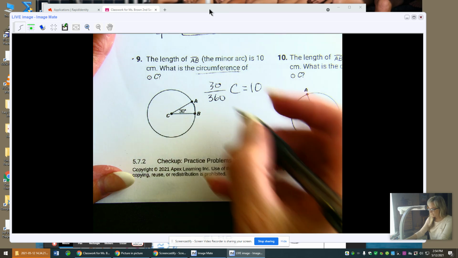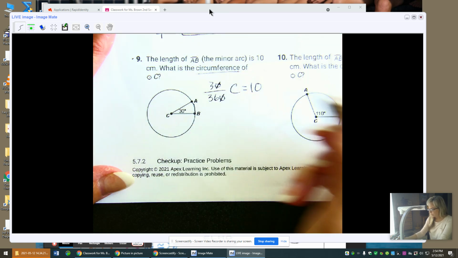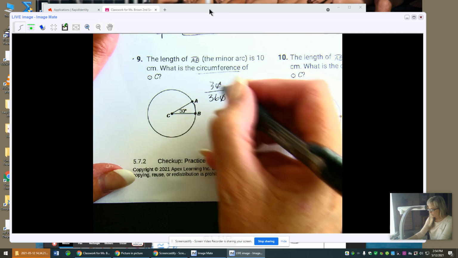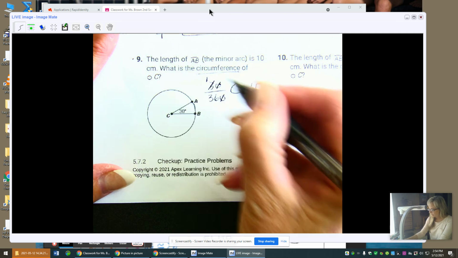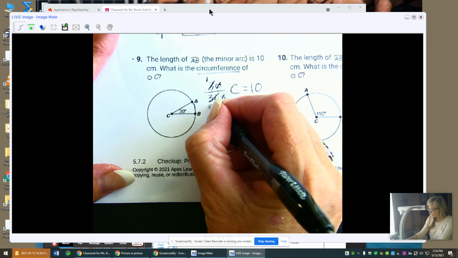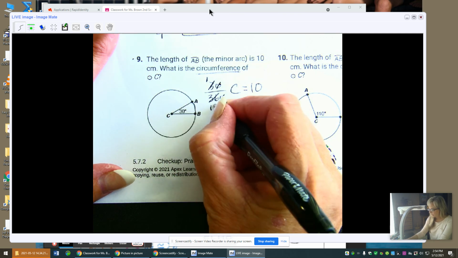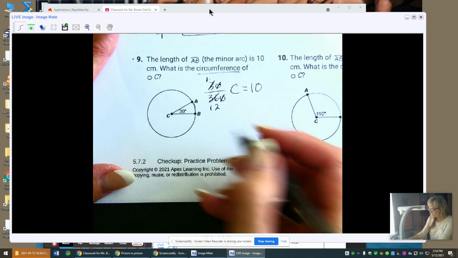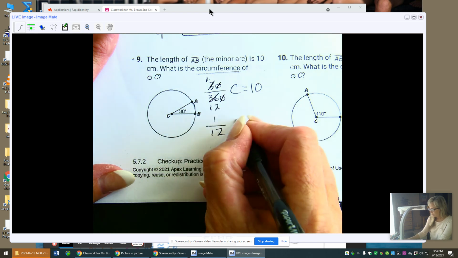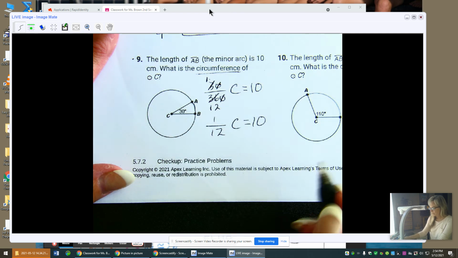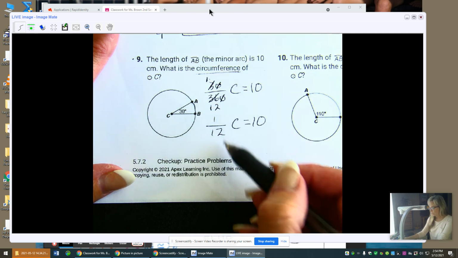And so to solve this, again, I really want to reduce that. I could reduce it again, but it's going to wind up being calculator work. No, let's reduce it again. 30 goes into that once, 30 goes into that 12 times. Now I have 1/12. Let's rewrite it so you see what I'm talking about. So I reduced this fraction to 1/12.